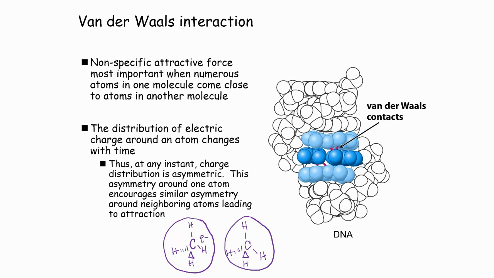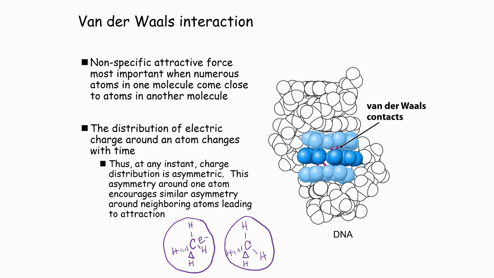So at any given moment, we could see electrons on one side of the molecule. Boy, that was a really strangely drawn E. I'll redo it. Okay, I don't know if that one's any better, but there are electrons. The electron cloud is on this side.